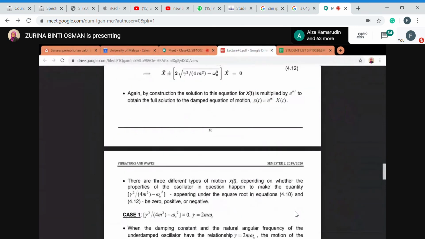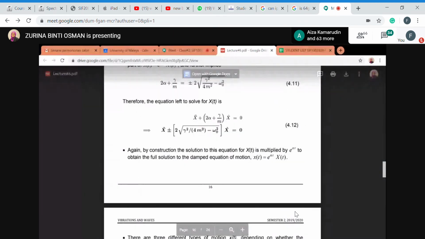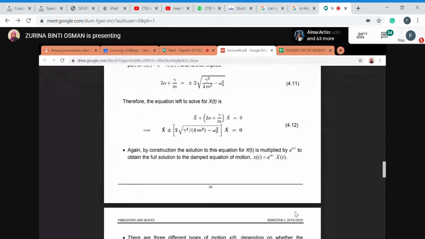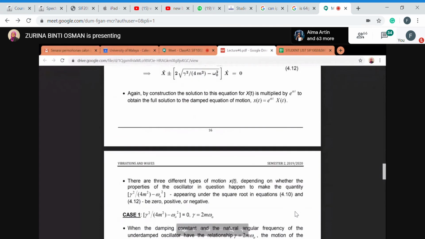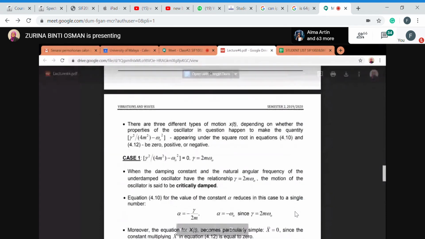Okay, so what we consider is this square root. This is very important: we consider the cases where it is zero, positive or negative, which is gamma squared over 4m squared minus omega naught squared.